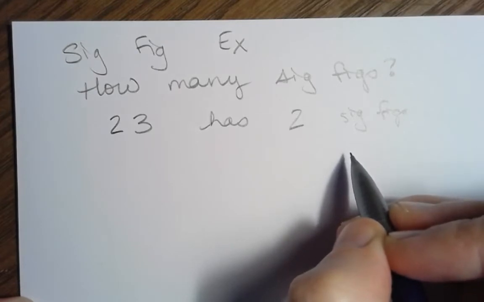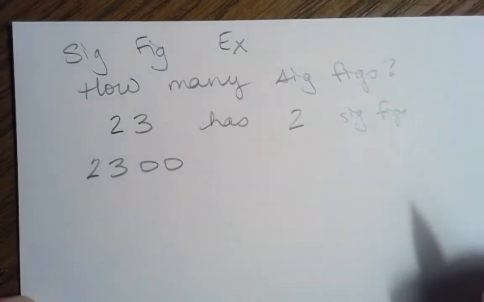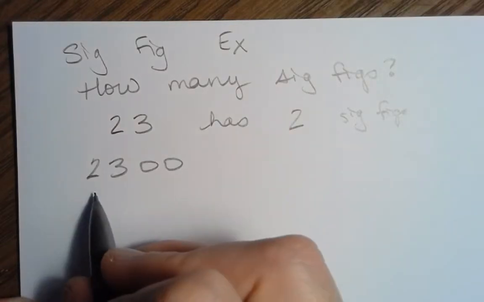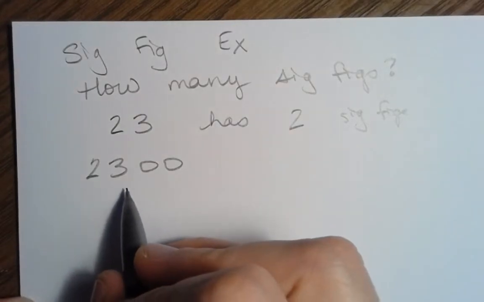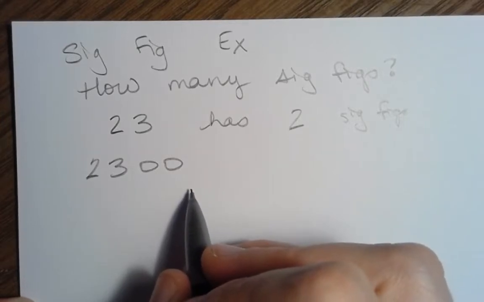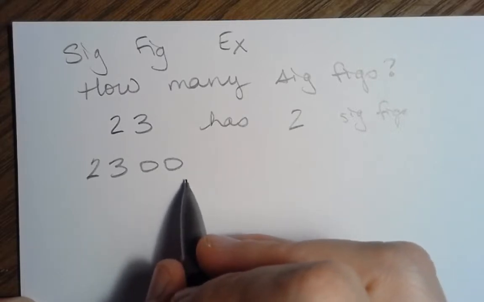Well, let's keep it rolling. Same thing, similar idea here. We could measure this 2, we could measure this 3, and that's all the confidence this tool can give us. These are ending zeros. There's no trailing decimal.